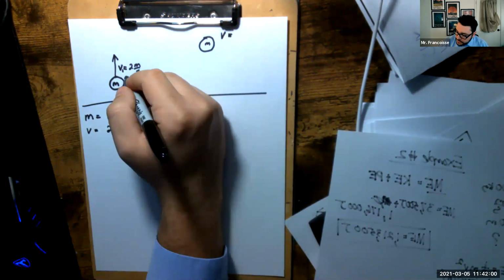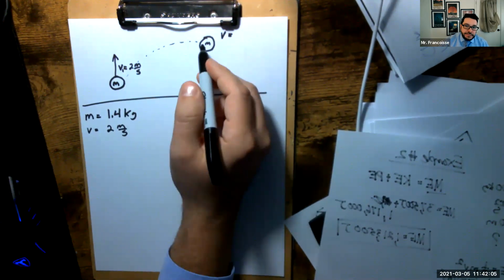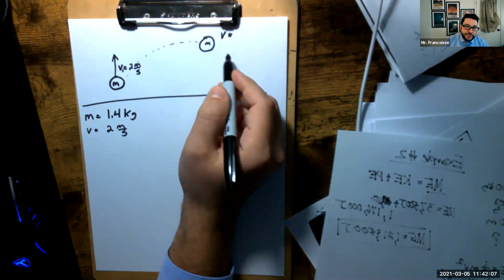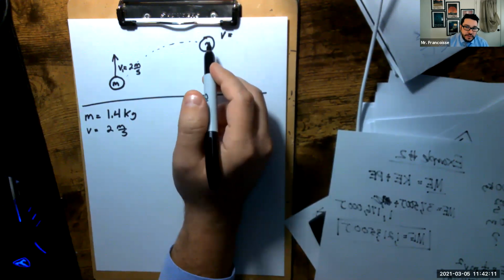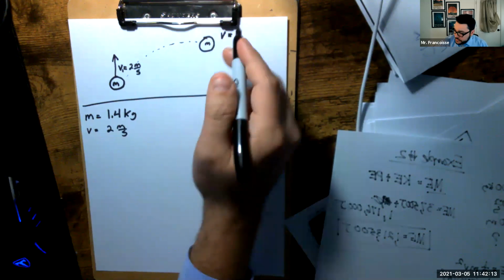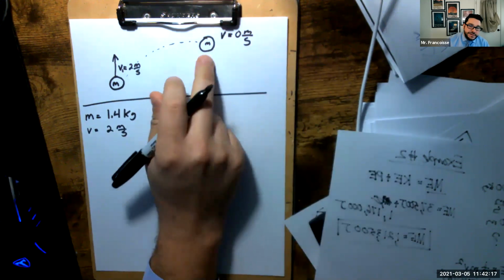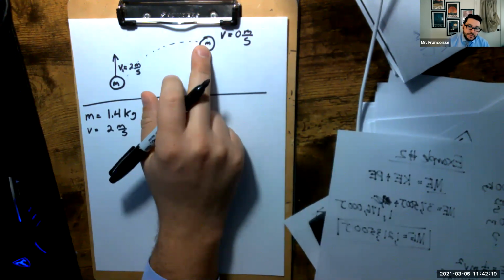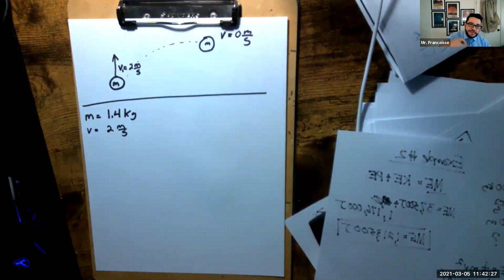When it gets to the highest point up here, it's going to start falling back down. So at the tallest point here, we're going to say that the velocity is 0, because it gets to the top and then it's going to start falling back down.